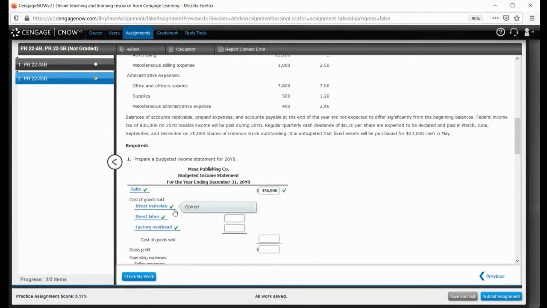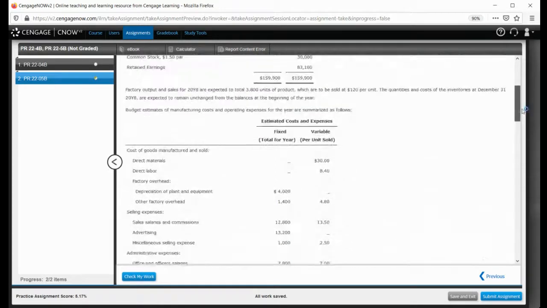Remember that direct materials is what we consider to be a variable cost. And if it's a variable cost, we've got to multiply the variable cost per unit times the number of units sold, which is 3,800. That's how I got the amount for the direct materials. You will do the very same thing for your direct labor.